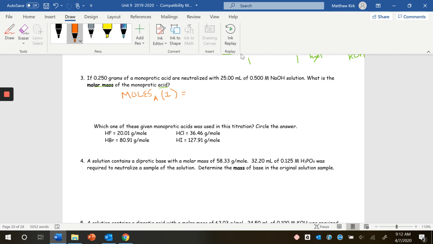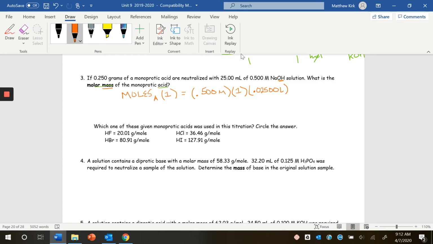Again, we're looking for the molar mass of the acid. So our molarity of the base is 0.500 molar. It's NaOH, so its equivalents is 1. And the volume needs to be in liters, so I take 25 milliliters and divide by 1,000.